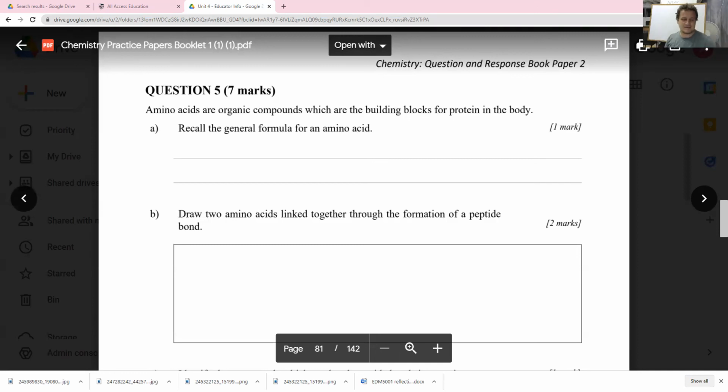What makes up an amino acid? So, yep, amino acids make up a protein. But here we're more looking at what makes up an amino acid.